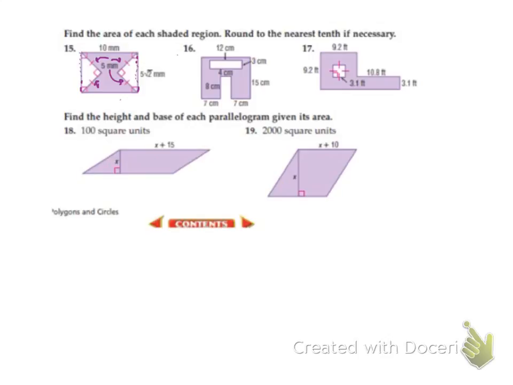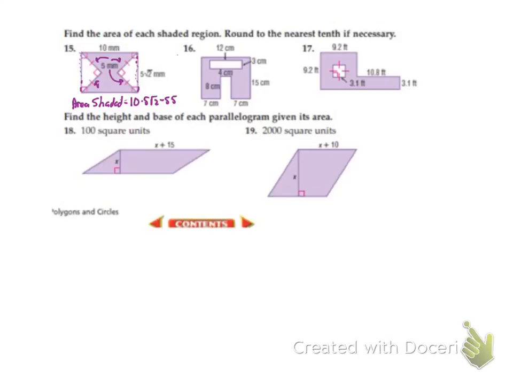So your shaded area here is equal to the rectangle, which would be 10 times 5 square root 2, minus the square, which would just be 5 times 5.